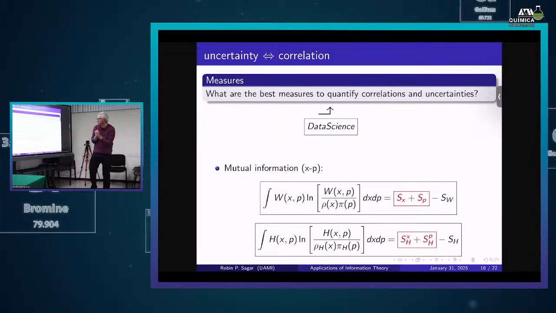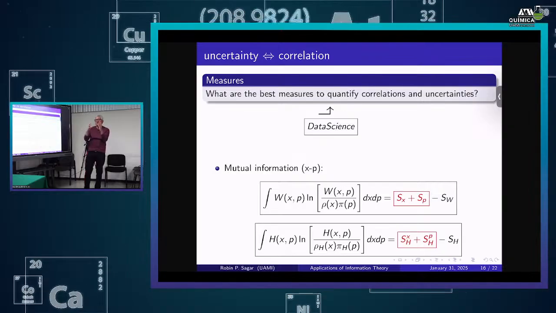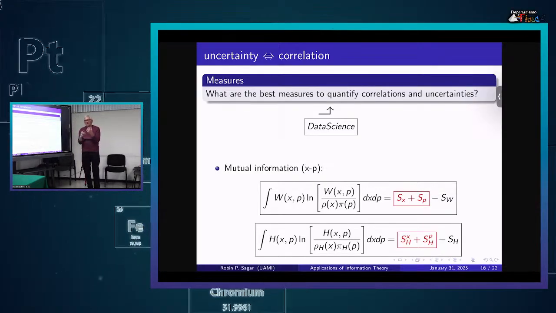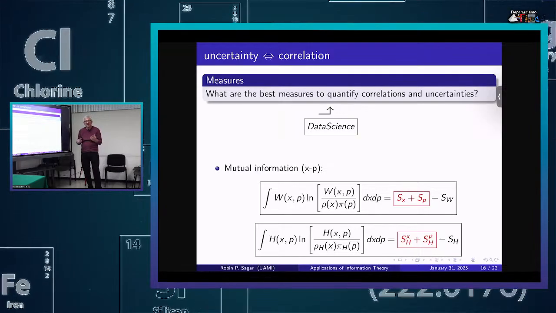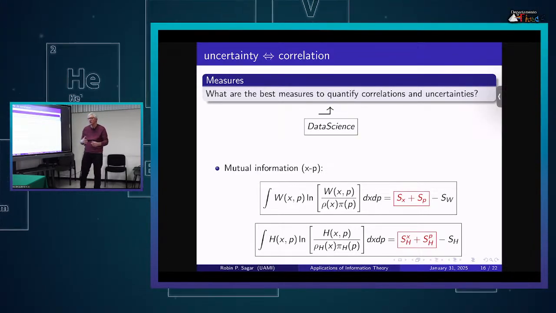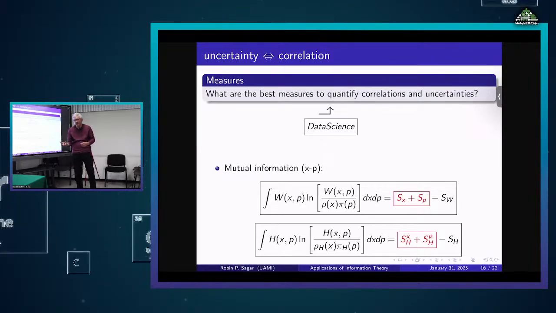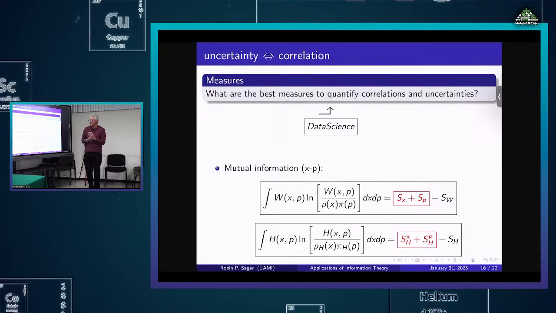Okay, so we've spoken about mutual information, and we said that we need this pair density, the pair density in position space or the pair density in momentum space. Once we have the pair density, we can calculate the mutual information.